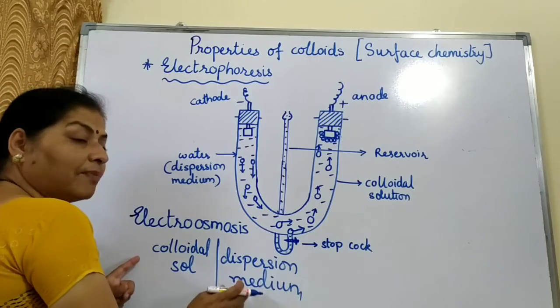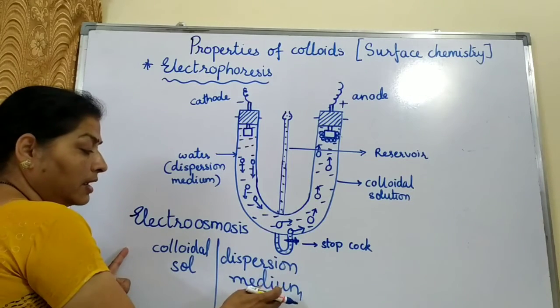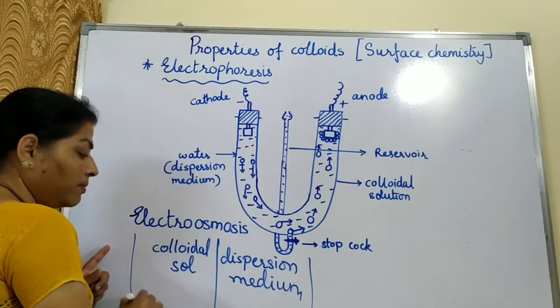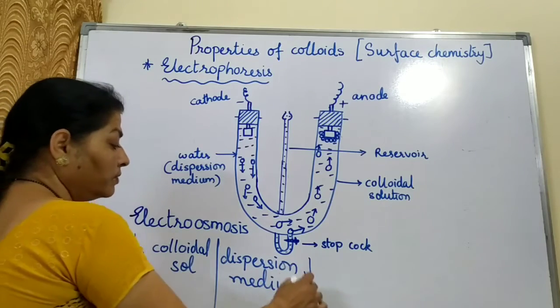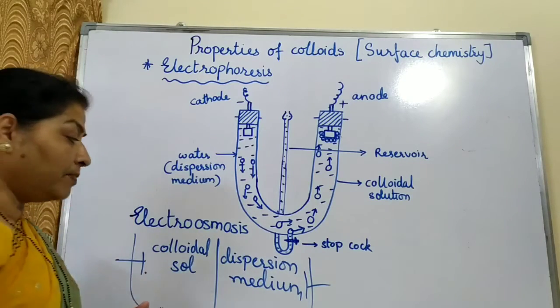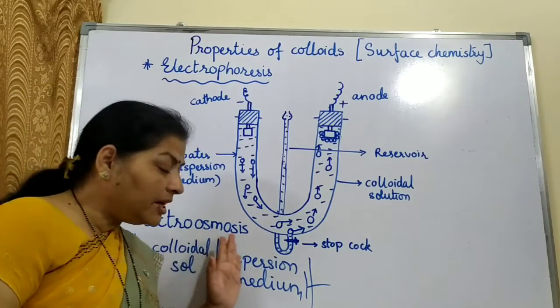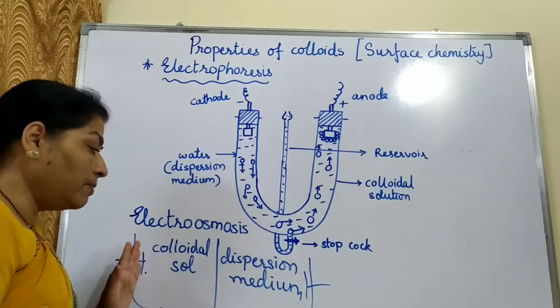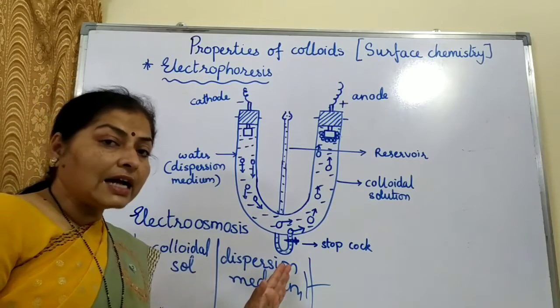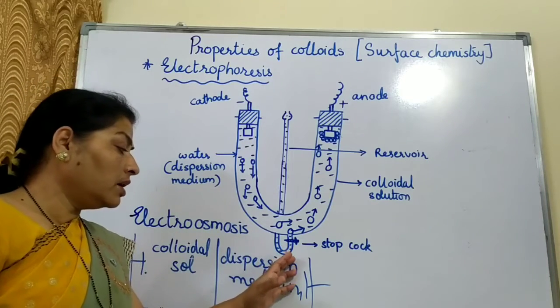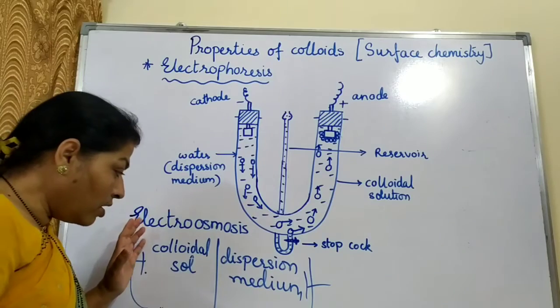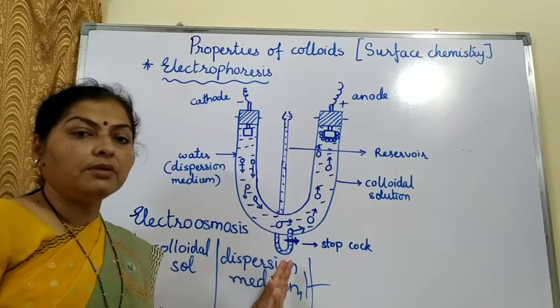Now if current is applied across this membrane, again taken into a chamber with anode and cathode, what will happen? Due to this semi-permeable membrane, only the dispersion medium will be able to move across the membrane. So the dispersion medium will start moving from the direction of the colloidal sol to the dispersion medium side.